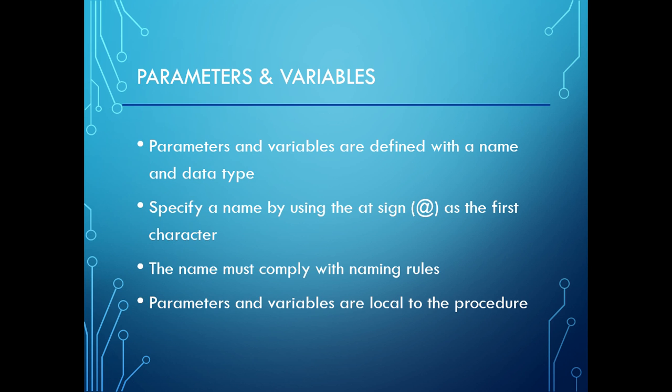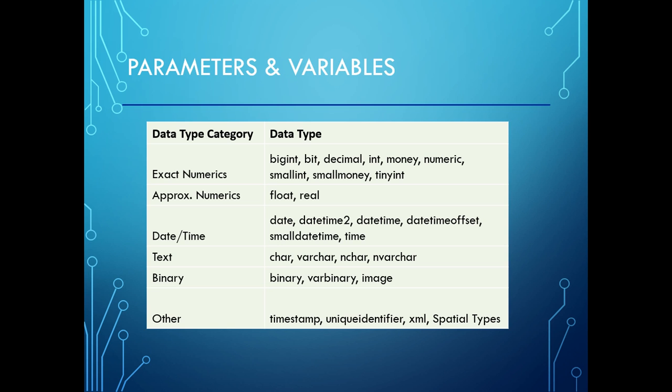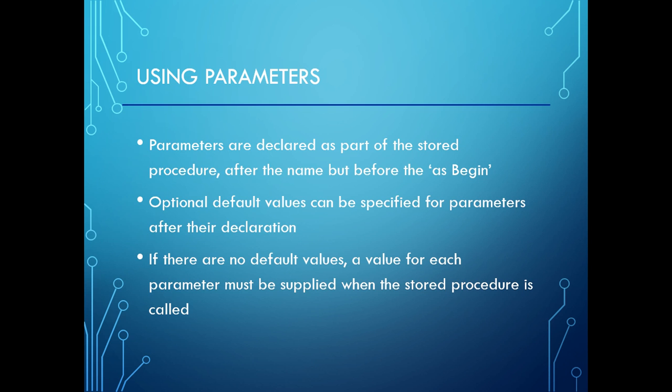So if I have multiple procedures with the same variable name, it's not linked. They only exist for the scope of the procedure or the statement that you are running. Our data types for these are the same as our data types for columns in the database.